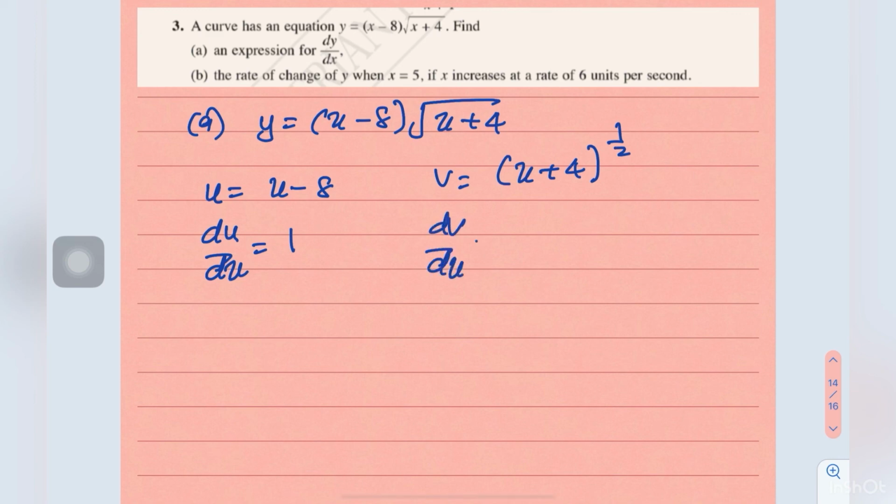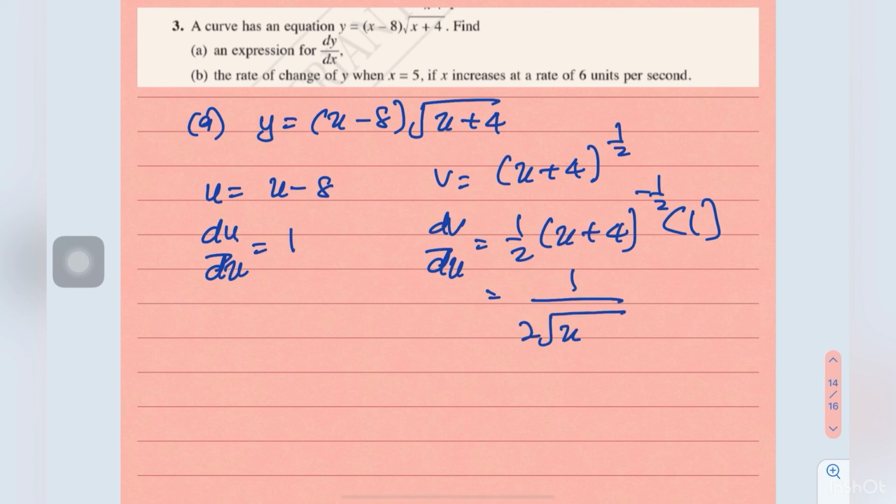Okay, so dv/dx is 1 over 2, (x plus 4) to the power of negative 1 over 2, times 1. Which, when we simplify, we get 1 over 2 square root of (x plus 4). Okay, so dy/dx, product rule, u dv/dx.